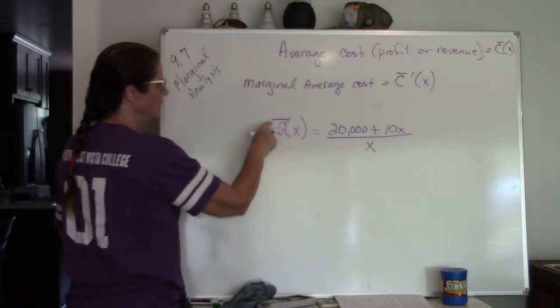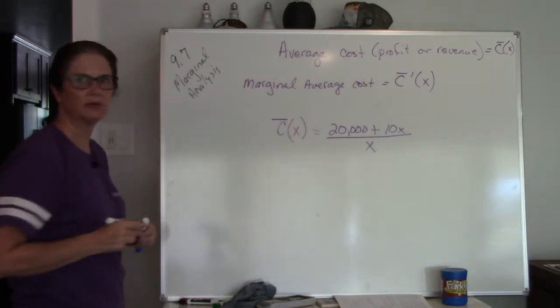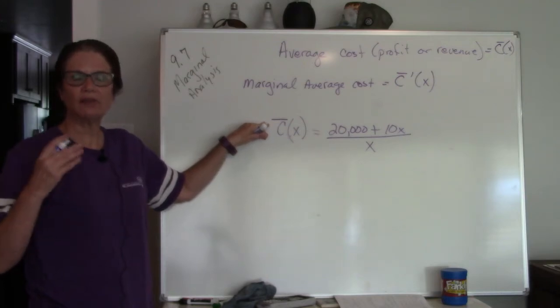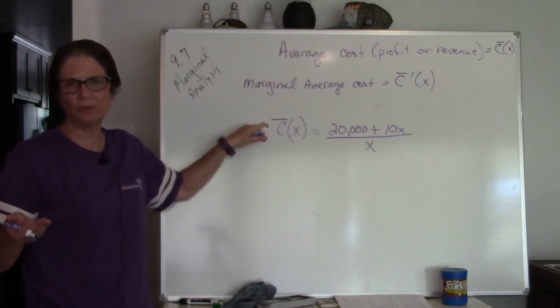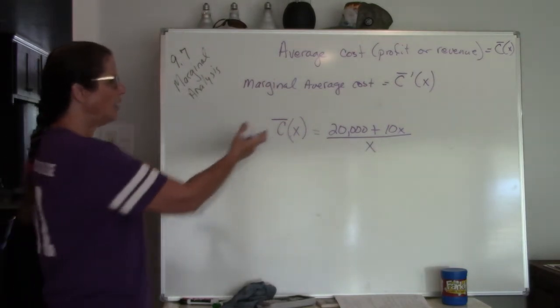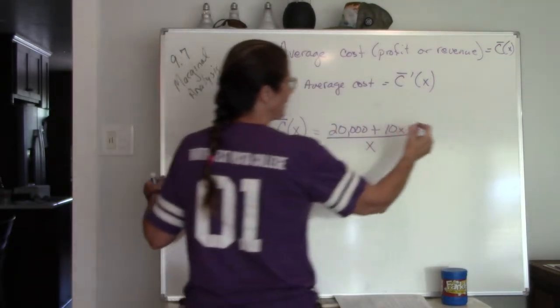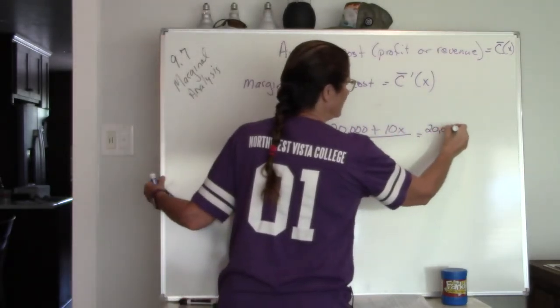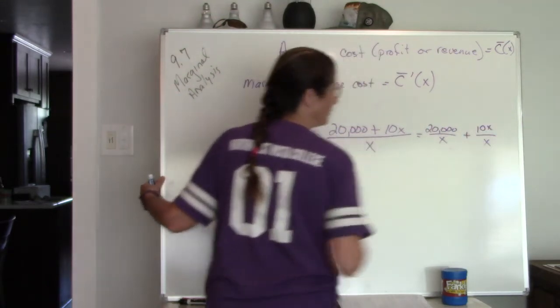You show average by putting a bar over the variable. So this is how you know you have an average cost. Or an average profit, you'd put a bar over the P. Average revenue, you'd put a bar over the R. So now I can simplify this. When you're dividing the whole thing by x, you end up with 20,000 divided by x plus 10x divided by x.